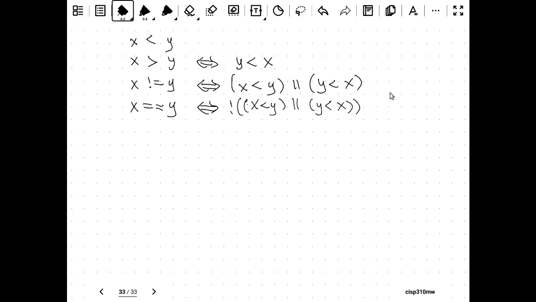I think we are missing two, right? Less than or equal to versus greater than or equal to. So x is less than or equal to y just becomes: it is not the case that y is less than x. Does that make sense?